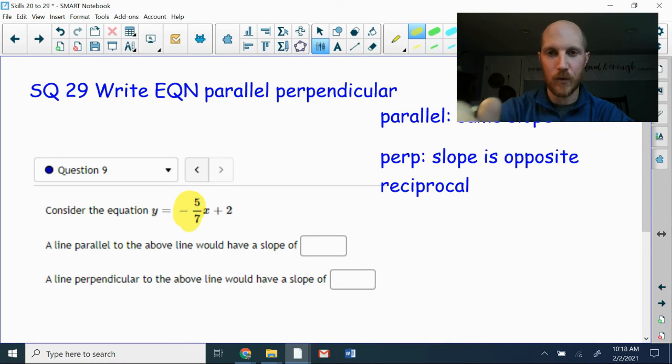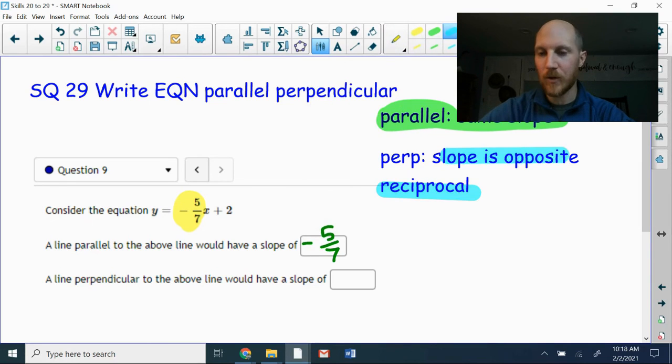So negative 5 over 7. Parallel lines are going to have the same exact slope. So the first one, a line parallel to the above line, would have a slope of the exact same thing, -5/7. And perpendicular lines, the slope has to be the opposite reciprocal.